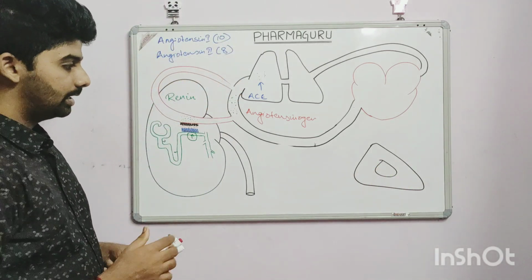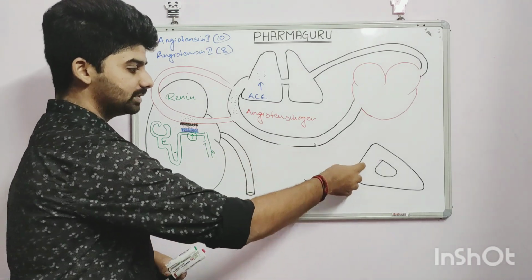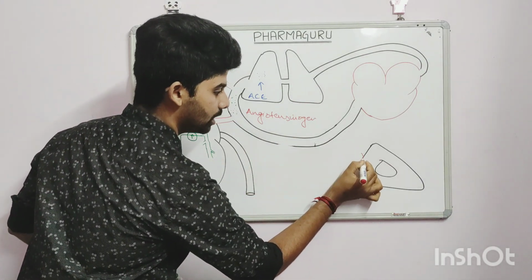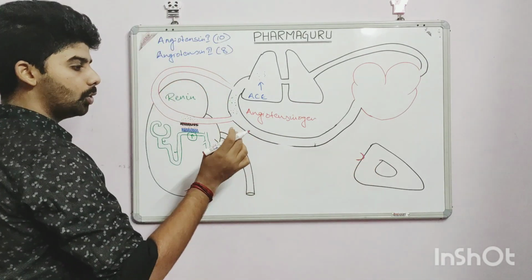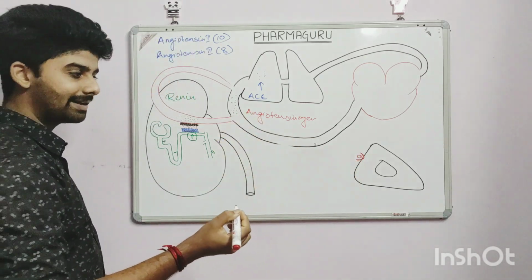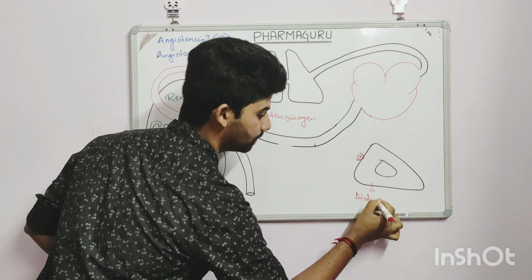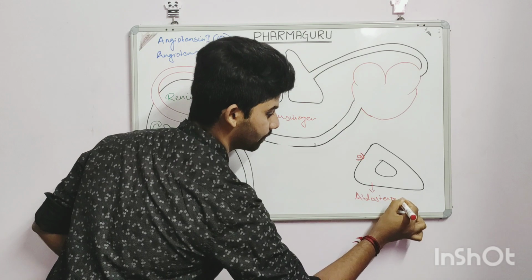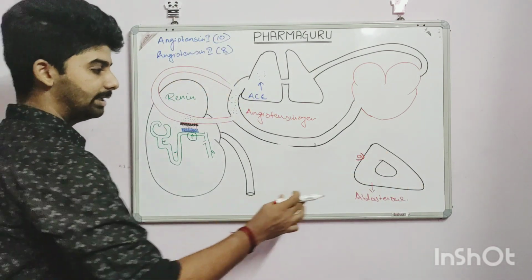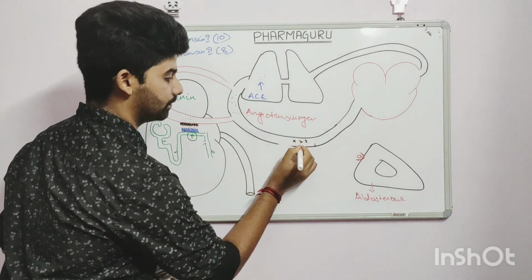When angiotensin 2 reaches the adrenal gland, it will find receptors present on its surface. When angiotensin 2 binds to these receptors, aldosterone will be released into the systemic circulation.